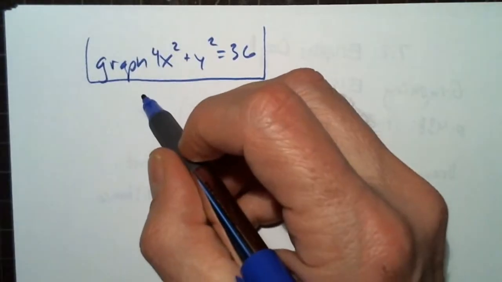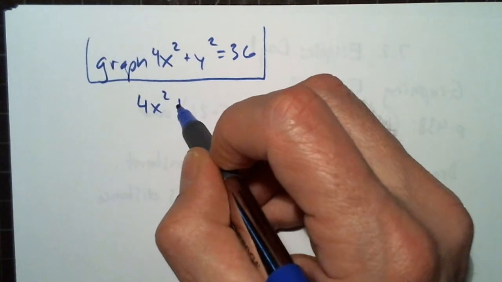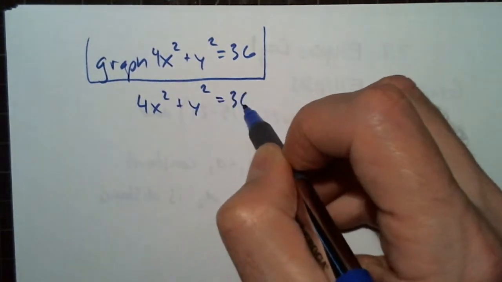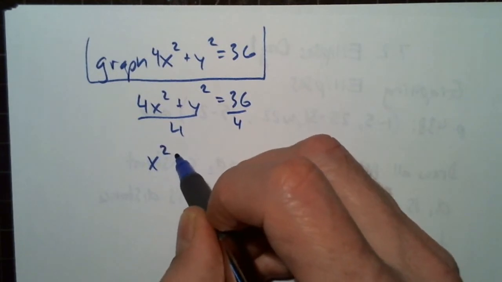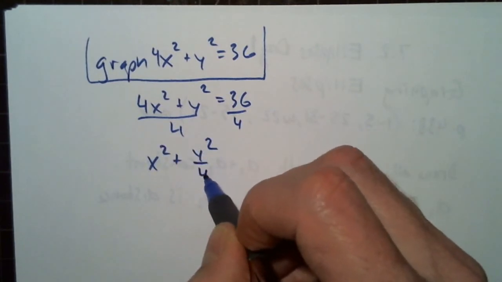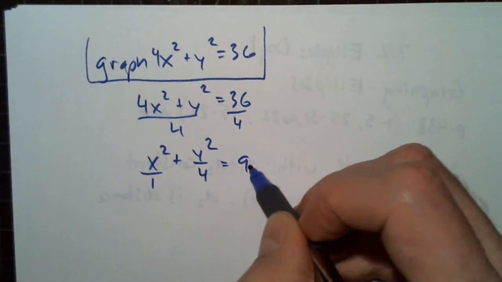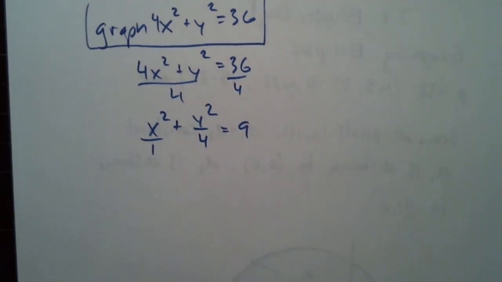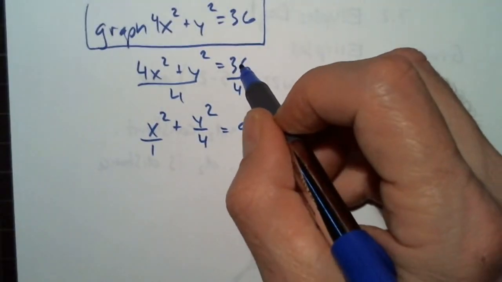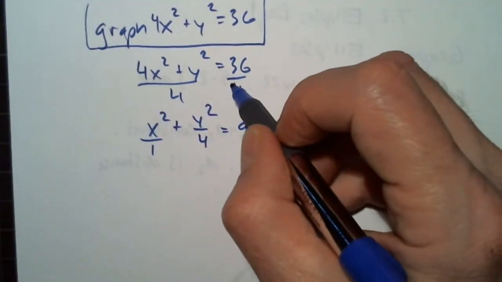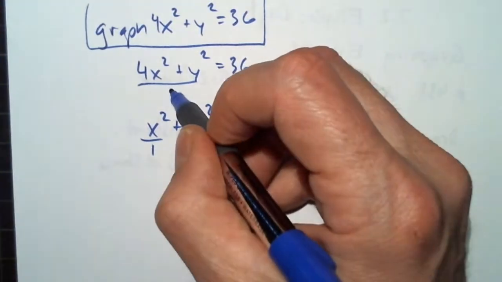So this is not in standard form. We want to have a 1 there, so let's divide by 36.